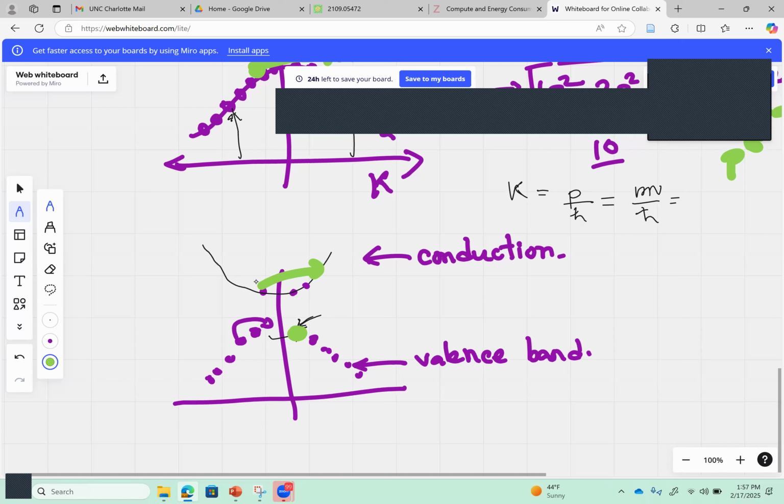Okay, so keep this in mind. One more time. In order to conduct current, first of all, we need to make sure that when an electron moves to different states, that state must be empty. Okay, because no two electrons can take the same state. So very important difference.